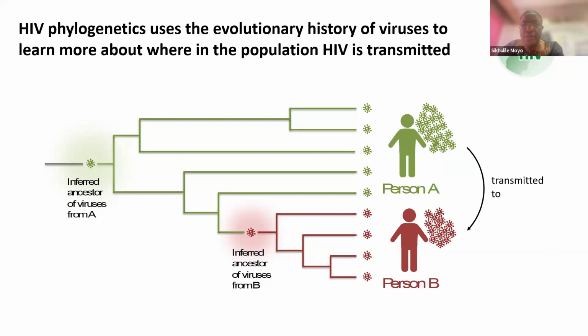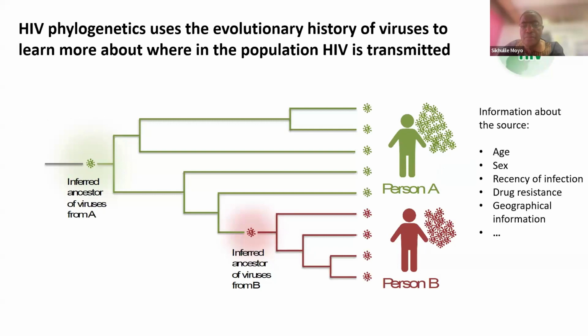As you can see in the deep sequencing data on your slide, we can infer by calculating generation time or looking at time to the most recent common ancestor that person A most likely transmitted to person B. Next slide, please.